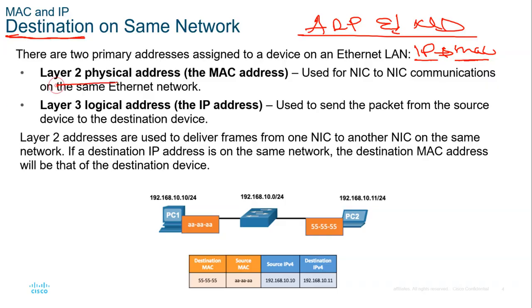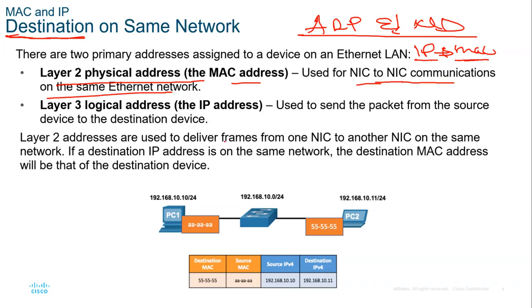So layer 2 physical addresses, the MAC addresses, are used for communication on the same network. If the source and destination MAC addresses within the frame are to remain consistent, then automatically they have to be on the same network.